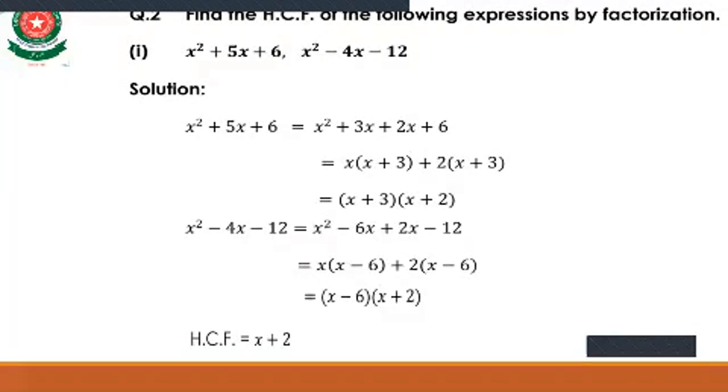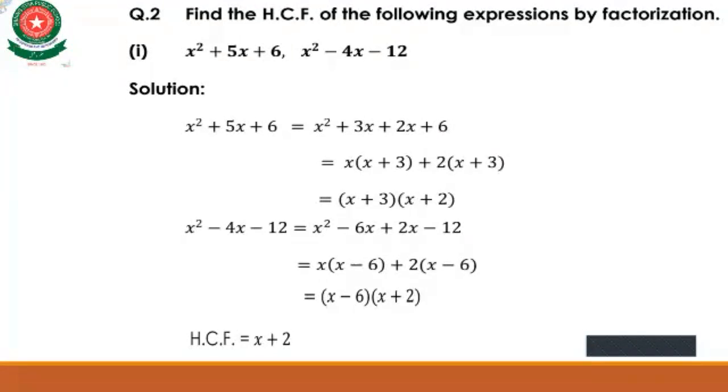In the second polynomial term, here is x^2 - 4x - 12. You can write minus 4x as minus 6x plus 2x, because we have to find terms which by multiplying give minus 12 and by adding give minus 4.